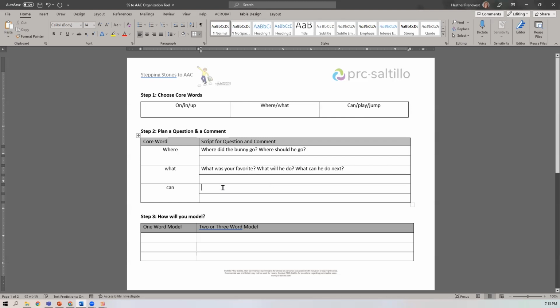How about "can"? Any open-ended questions with can? We can repeat, so I could use, what can we do next? I love repetition. Oh, can you help the bunny go under? Oh, that's a great one.